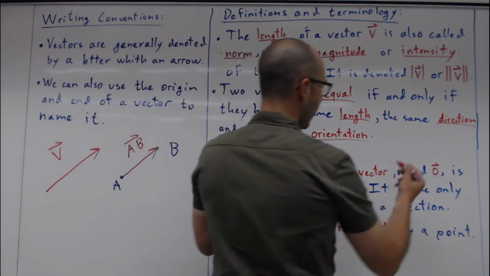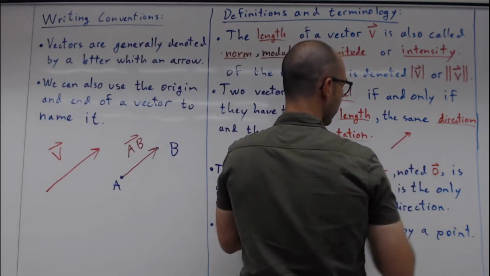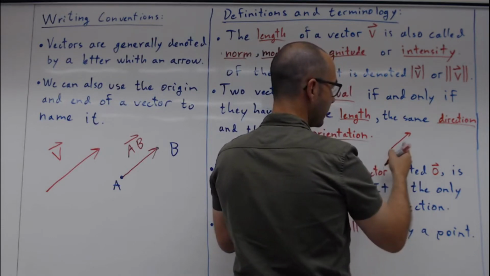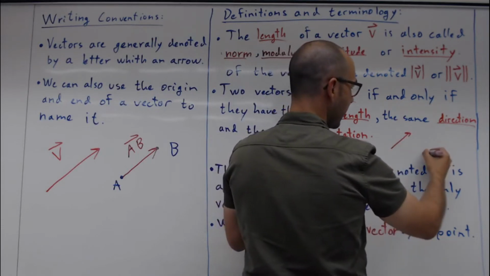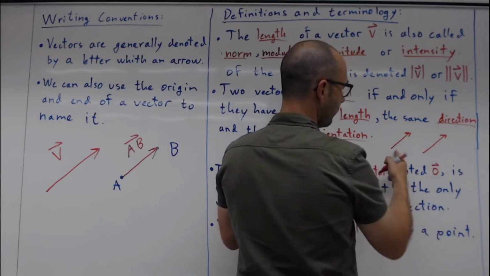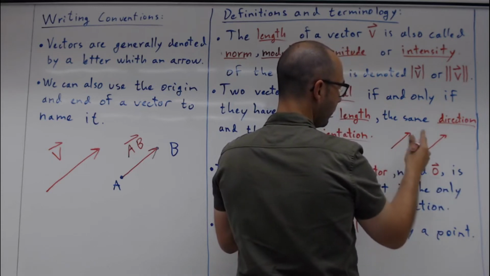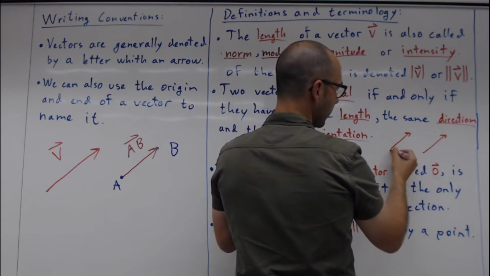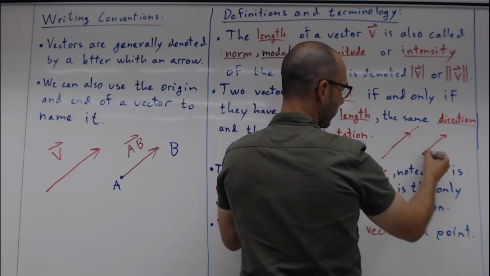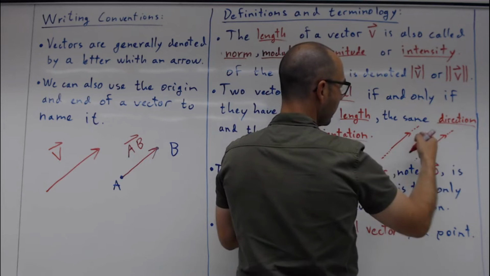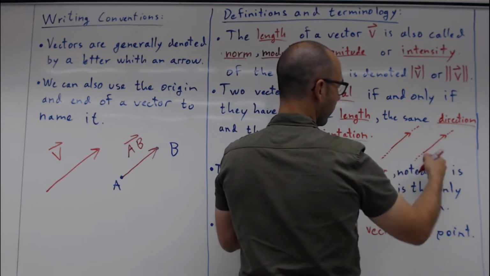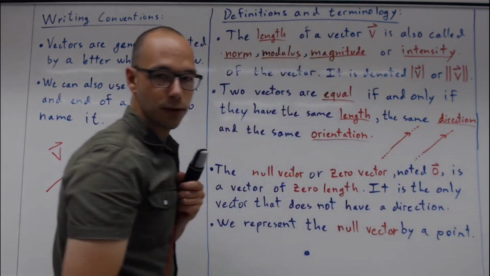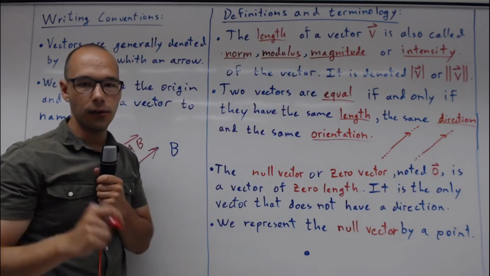So if you have a vector like this, the only other vector that is equal to that one is exactly the same vector that has same length, same direction, so it's in a parallel dotted line, and the arrow is on the same side. So those two vectors are equal.